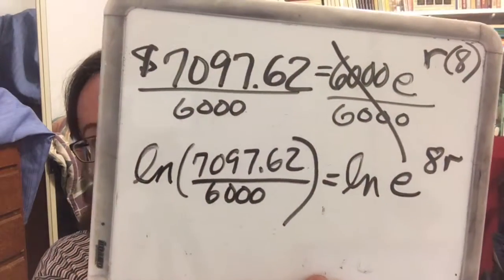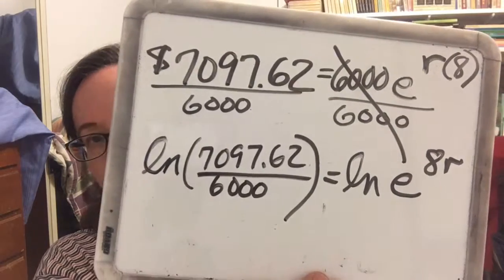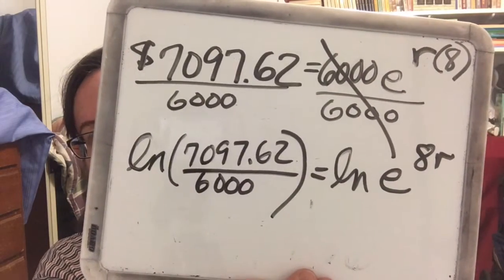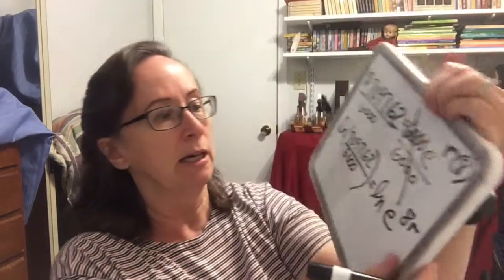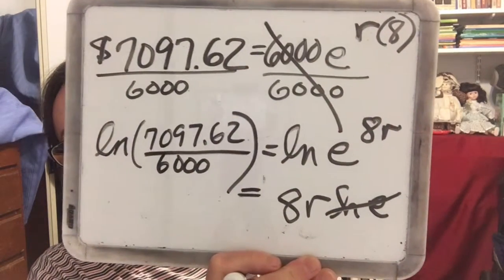So I'm going to take the natural log of 7097.62 divided by 6,000, which we can do in a little bit, is equal to the natural log of e to the 8r. Okay, so that's what we have now, but we know that once we take the natural log, we can take this exponent over here, the 8r can run around and be a coefficient, so that then we get 8r natural log of e, but then we know natural log of e goes to 1.